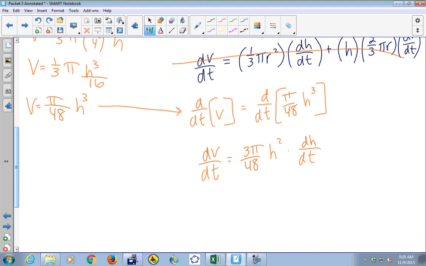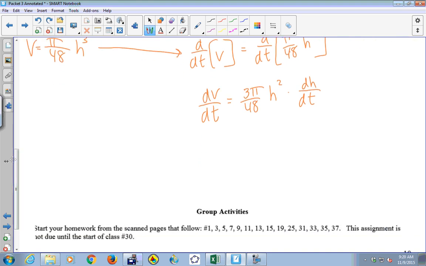Now plug in the things that you know. I know dV dt is 2. That was given. This is going to reduce to pi over 16. What is h? At the moment in time I'm curious about, it's 5. And dh dt is what I'd like to know.